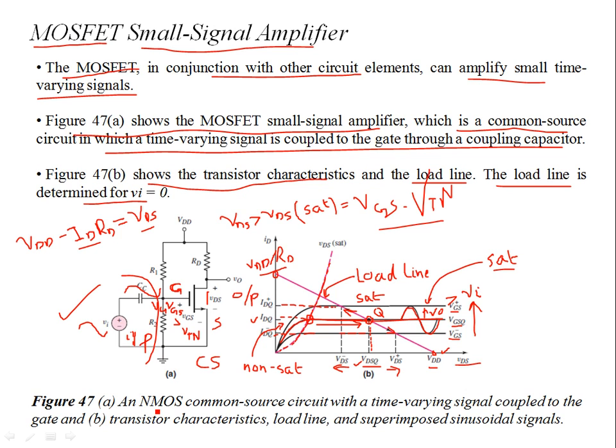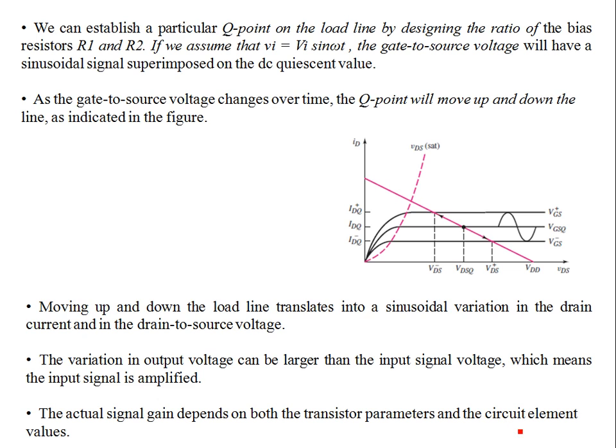So again, 47A is the NMOS common source circuit, with a time varying signal coupled to the gate, and then you have the transistor characteristics, load line, and superimposed sinusoidal signal. We have established a particular Q point on the load line by designing the ratio of bias resistors, because these bias resistors R1 and R2 determine your capital VG, that's the DC, or VGS.